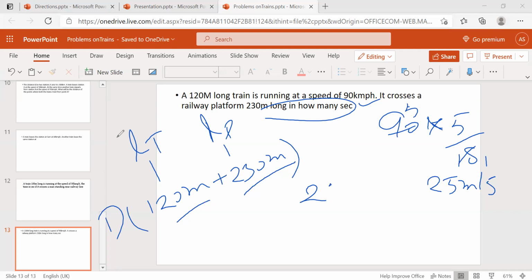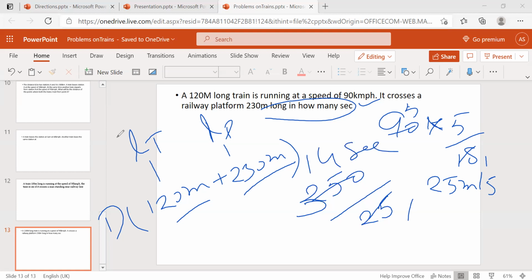Then 230 plus 120, 350. 350 by 25 meters per second. 14 seconds, right?